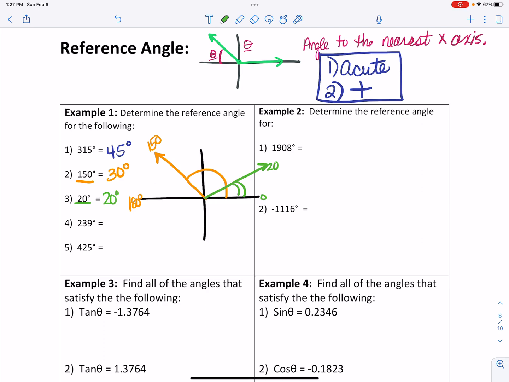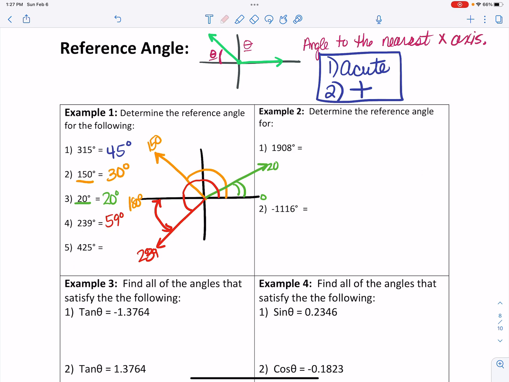Okay, so the next one is 239. So here would be 180, and so 239 would end up somewhere down in here. The nearest x-axis is 180, so you're going to do 239 minus 180, and your answer is 59 degrees.